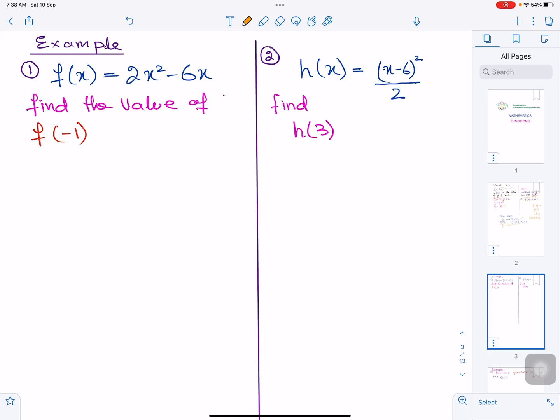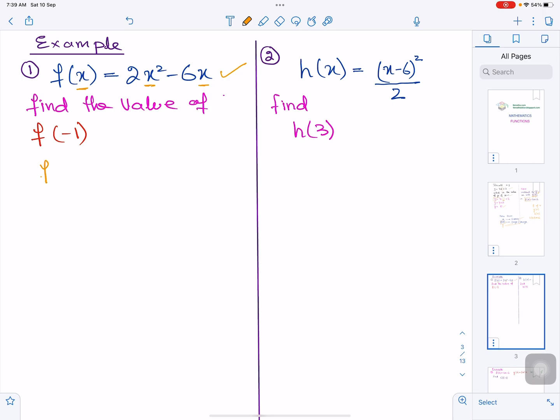Now let's see an example here, how to find the value of the function, exactly what you have already done. So let's see example 1 first of all, this one. You have to find the value of f of minus 1. Now what will you do? Simply in place of x, here and here, you will replace minus 1.